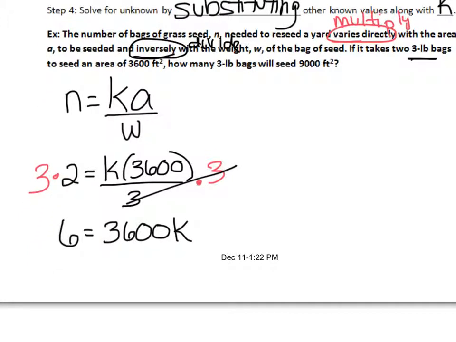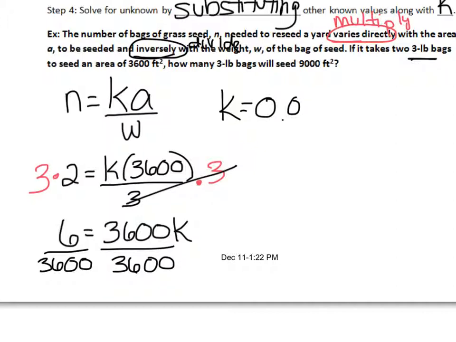And we're then going to divide both sides to get K by itself. Go ahead, 6 divided by 3,600 should give you a repeating decimal of 0.0016 repeating.